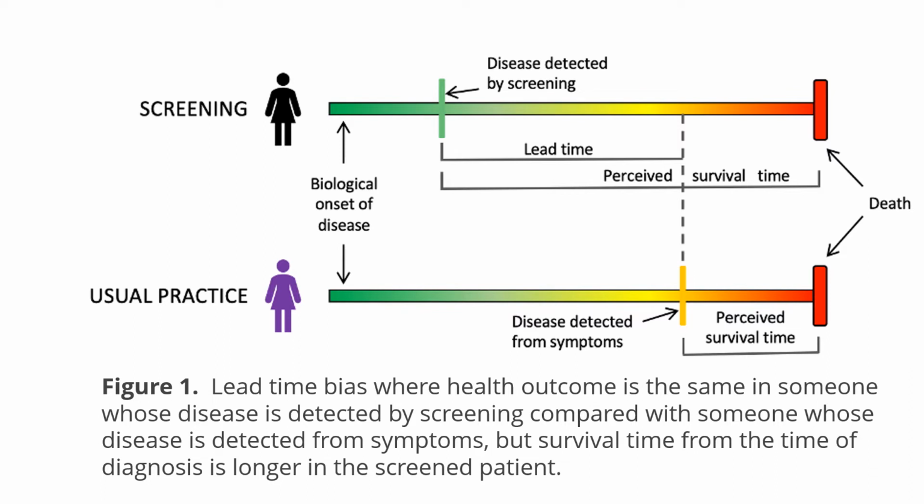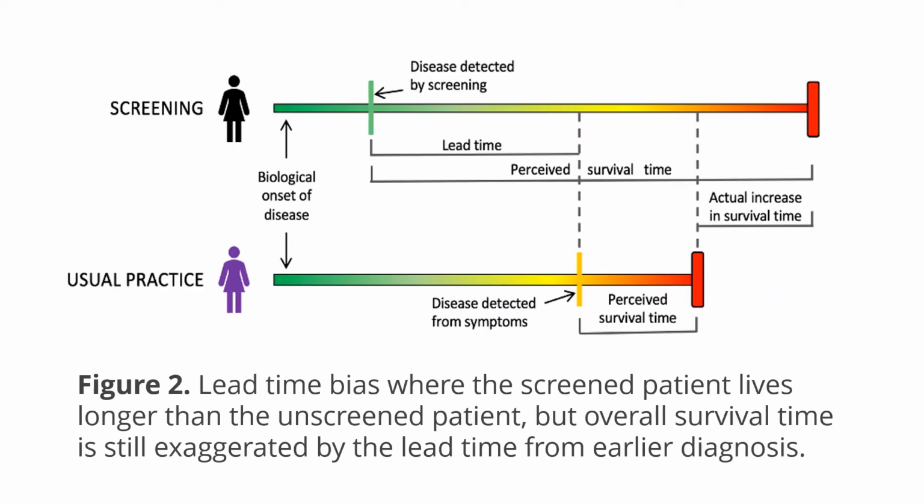So to make it more evident, let's take up another scenario. In this scenario, the black figurine has a longer lifetime line. So there has been an advantage to the black figurine because of the screening, because of the lead time gained.